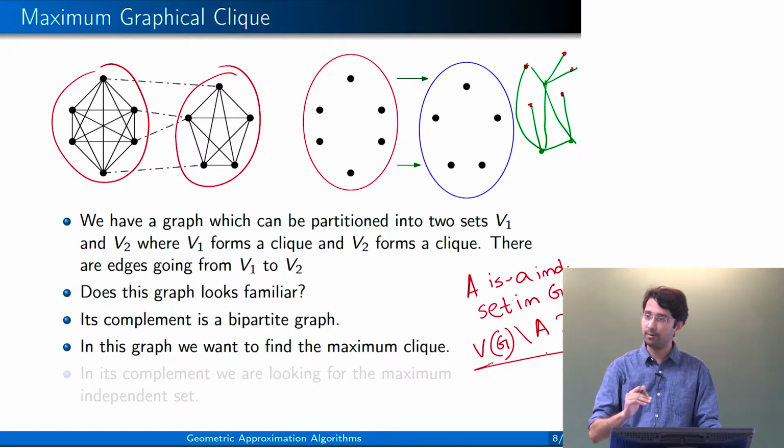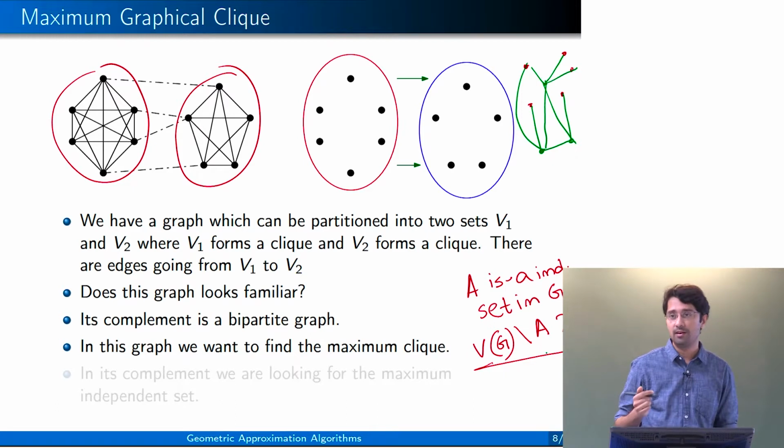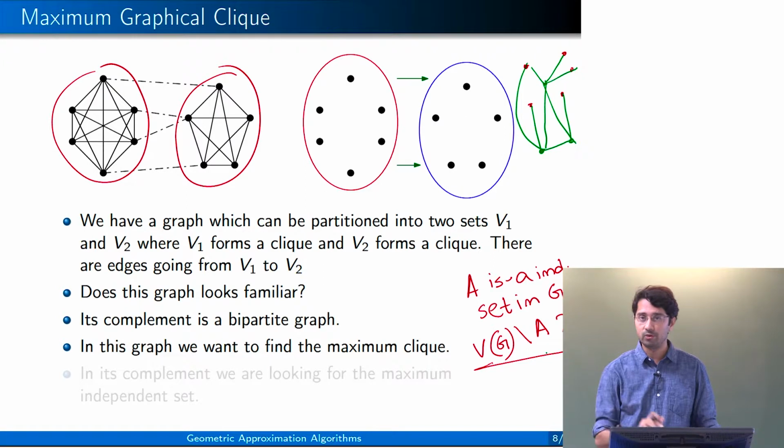That is the complement of a minimum vertex cover, and finding a minimum vertex cover in a bipartite graph is polynomial time solvable. Step by step, small assumptions, small observations lead to something of significance.